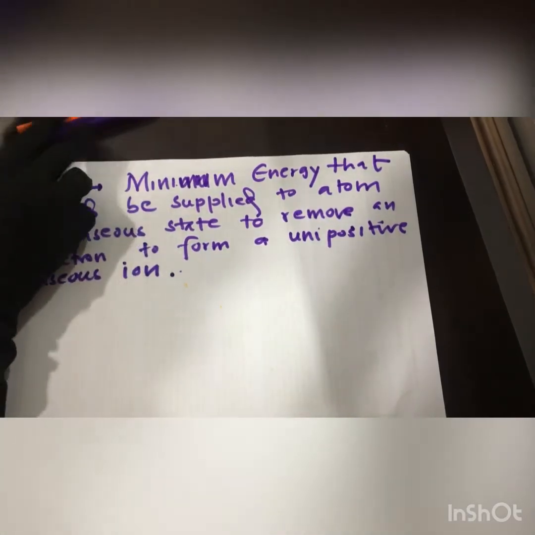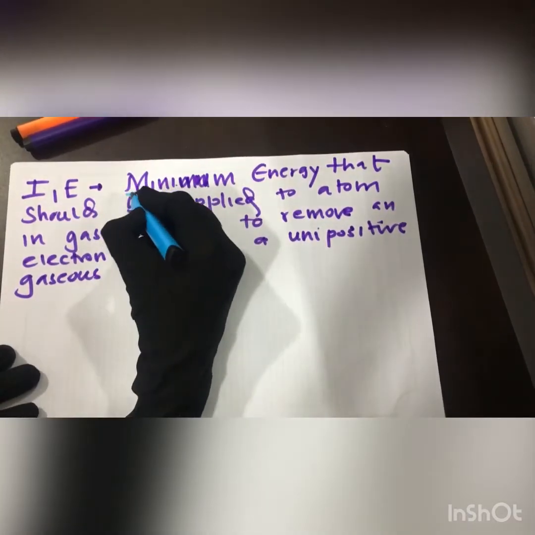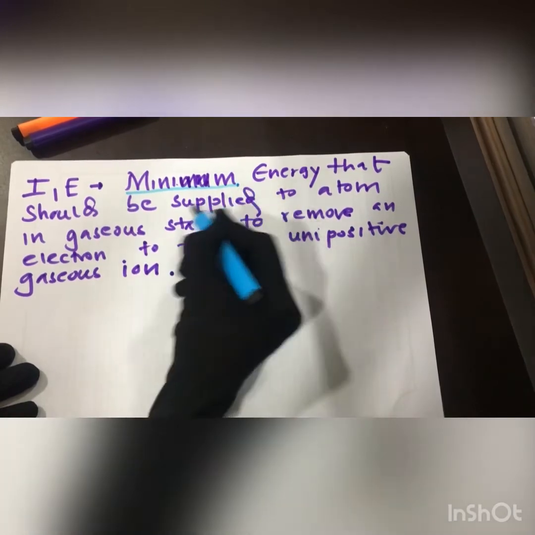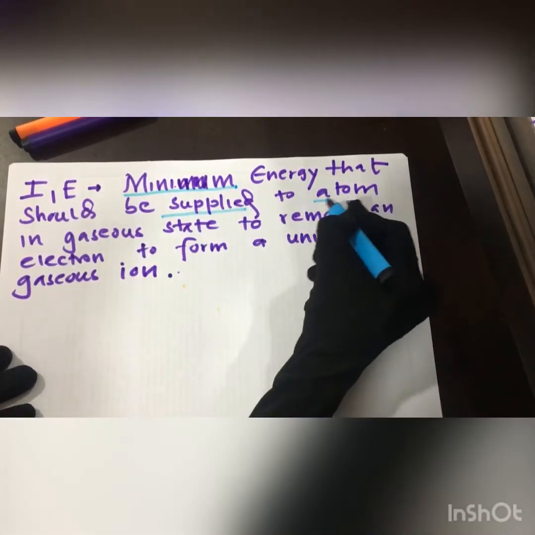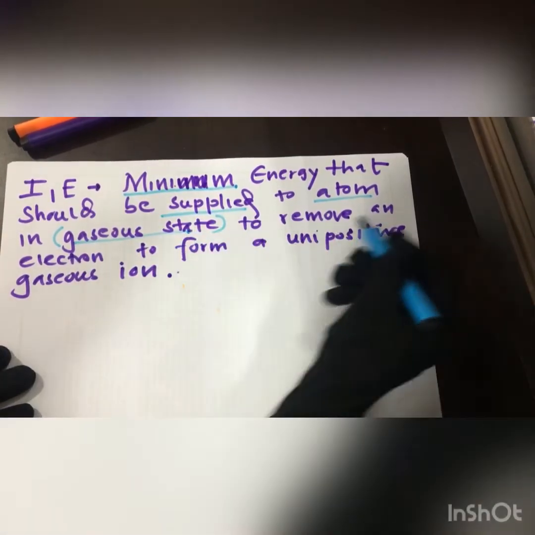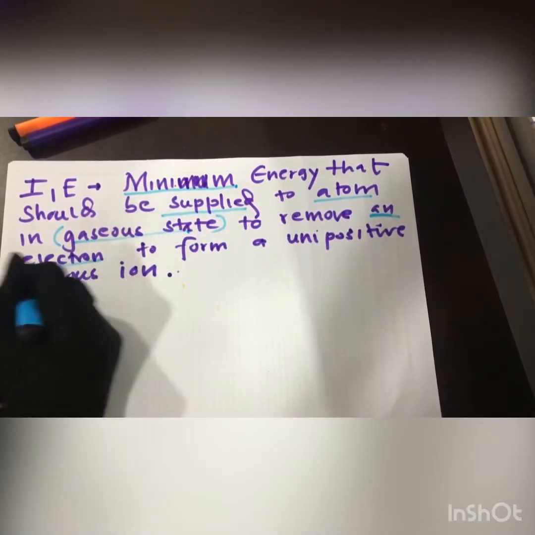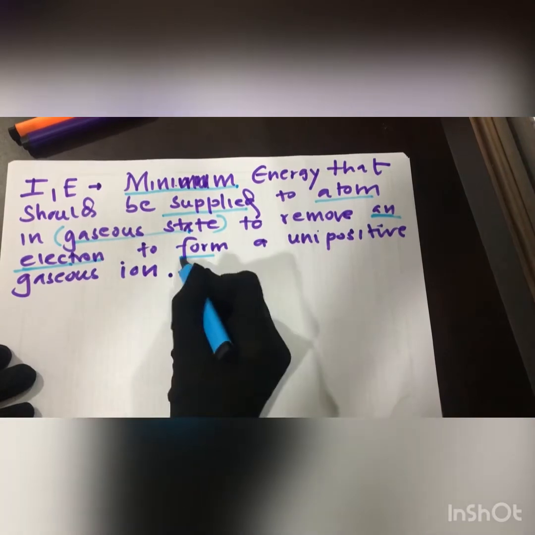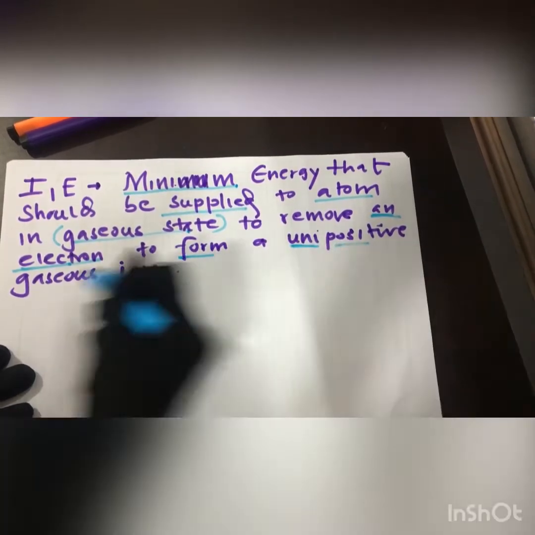So let me explain this. That is the least amount of energy we supply to an atom that is present in the gaseous state to remove one electron in order to form a unipositive gaseous ion.